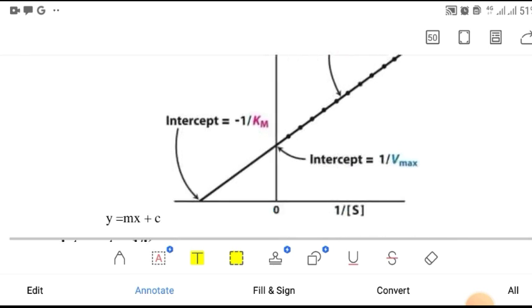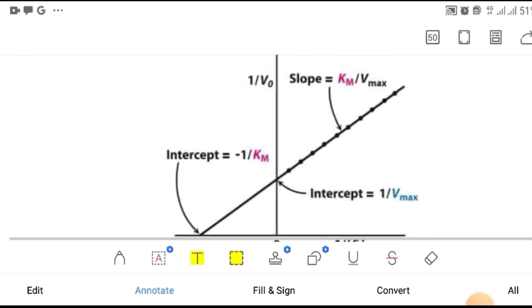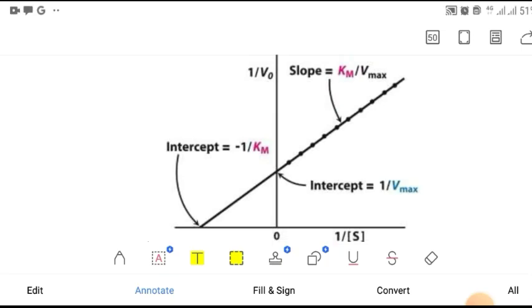Now, looking at it, the intercept of this graph on the x-axis equals minus 1 over Km.